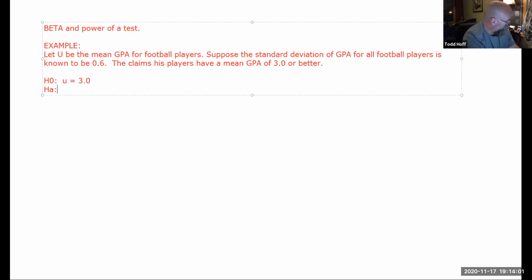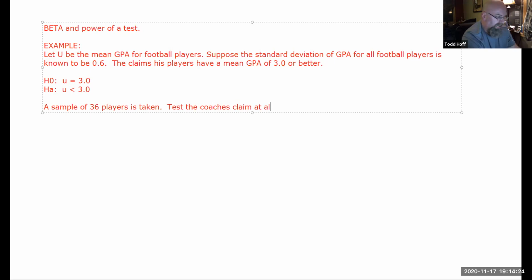The alternative, trying to refute the coach's claim, is that the mean is less than 3.0. A sample of 36 players is taken. Test the coach's claim at alpha equals 0.05.